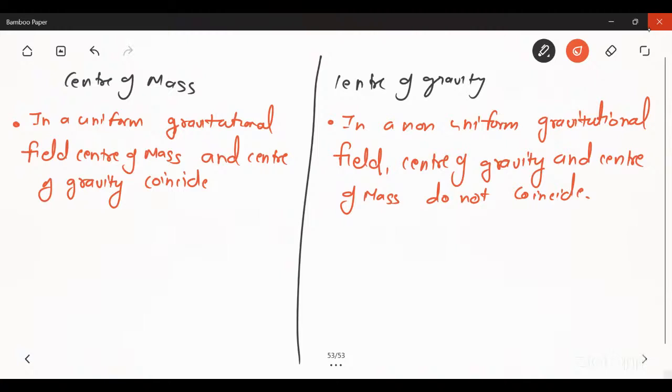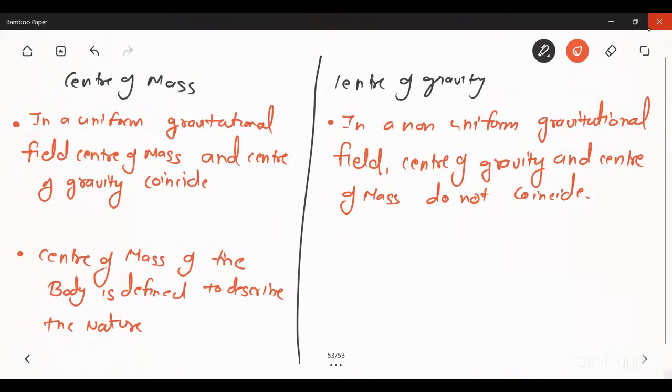Next point is, the center of mass of the body is defined to describe the nature of motion of a body as a whole.